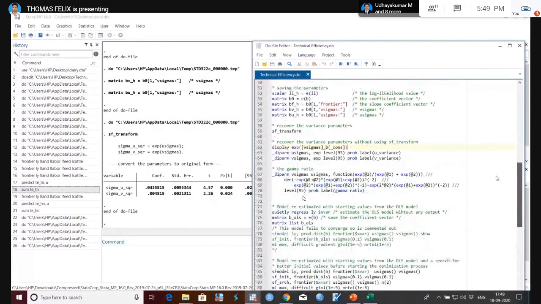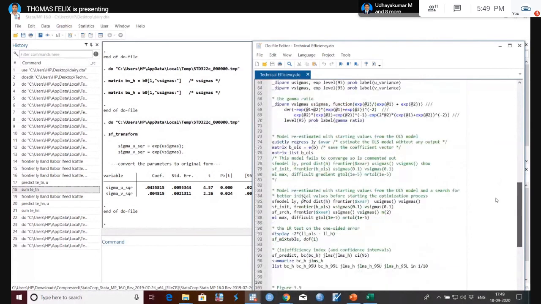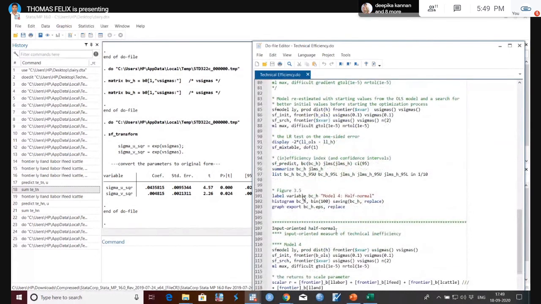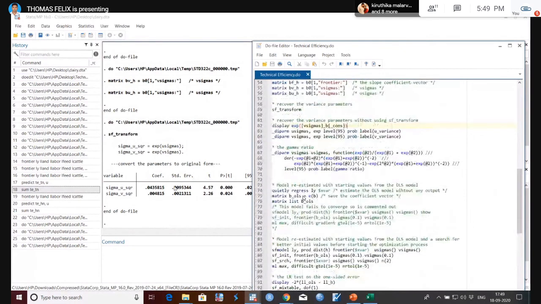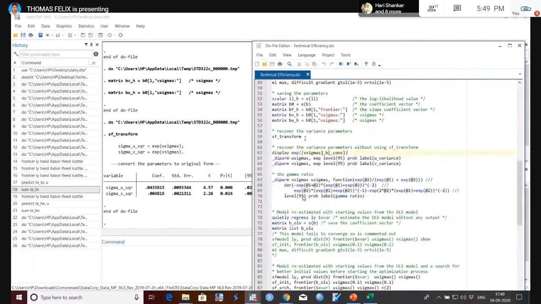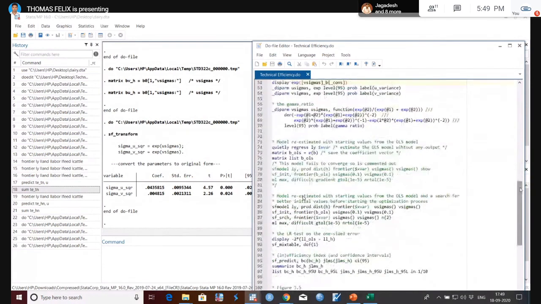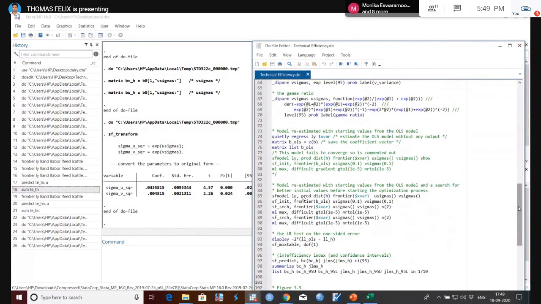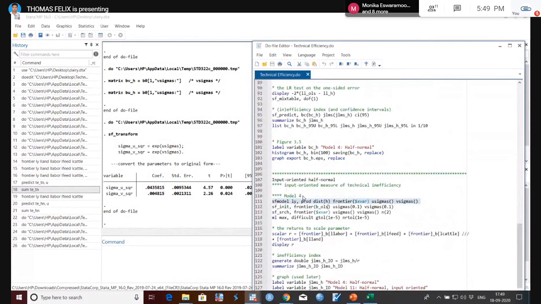For calculating the input oriented half normal distribution approach, before that we have to run the output oriented half normal distributional approach. Here I have already run the output oriented approach using the half normal distribution function. After that, now I am going to run the input oriented half normal distribution function.